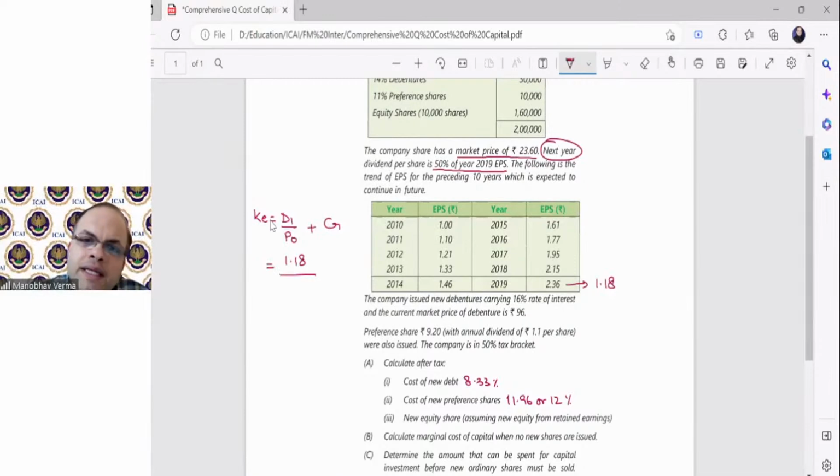What is P0? 23.6. But what is the growth rate here? If you look at all these EPS, do you see a trend, guys? I can see in all the years the EPS is rising by, I think, 10% if I'm not wrong. So can we say it's 0.10?